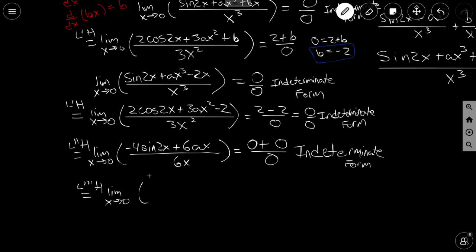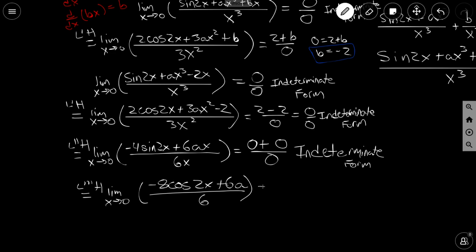So I'm going to go ahead and find the derivative of the numerator and the denominator for the third time. And that's going to give me 8 cosine 2x plus 6a over 6.